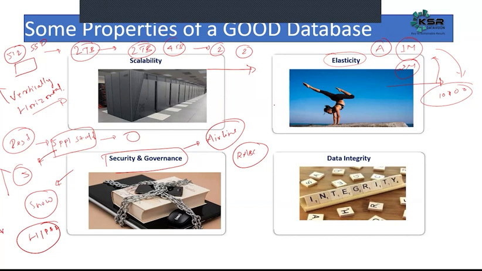Okay. Now, next is something called data integrity. To explain this, let me take an example. Here, everyone is from India, right? Anyone from outside India? Okay. To have your unique identity, what is the one item that's used in India?